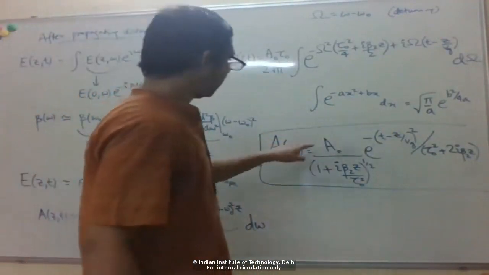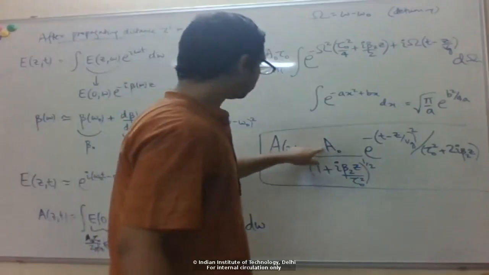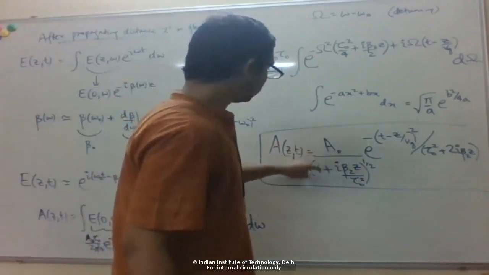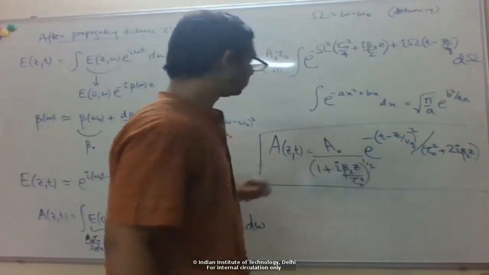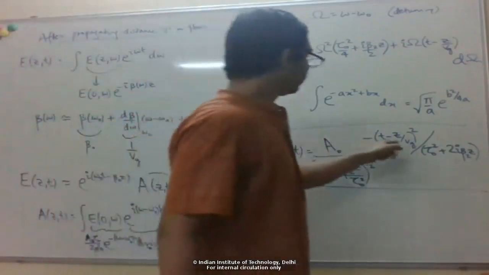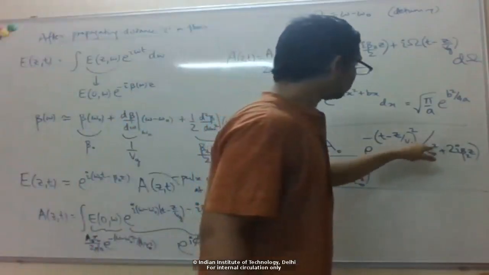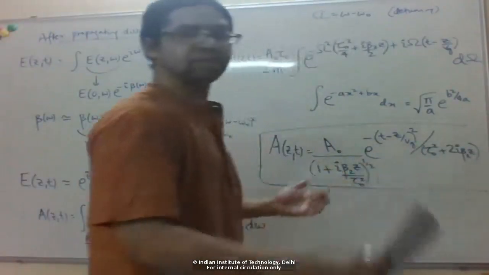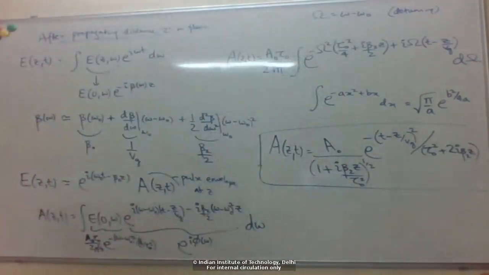Second thing is the amplitude has gone down, right? We started with A naught. Now it's A naught divided by something which is bigger than 1. So the peak amplitude has gone down. And also here, instead of tau naught square, we have tau naught square plus something, which means that the width has gone up, which means it has broadened.